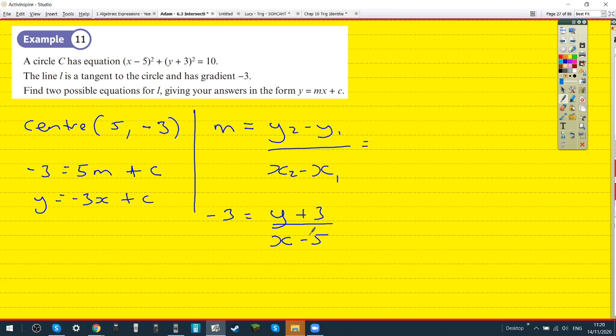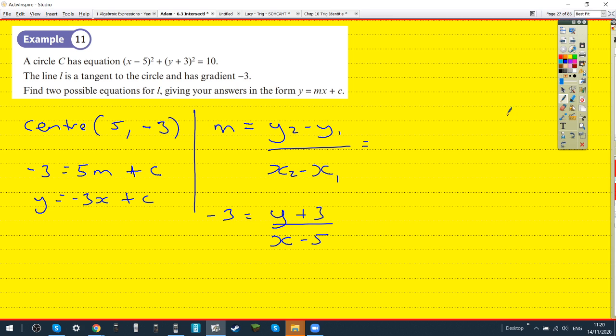If you make it y equals, how would you do that? Try to move the stuff away from y. So move that to the other side.